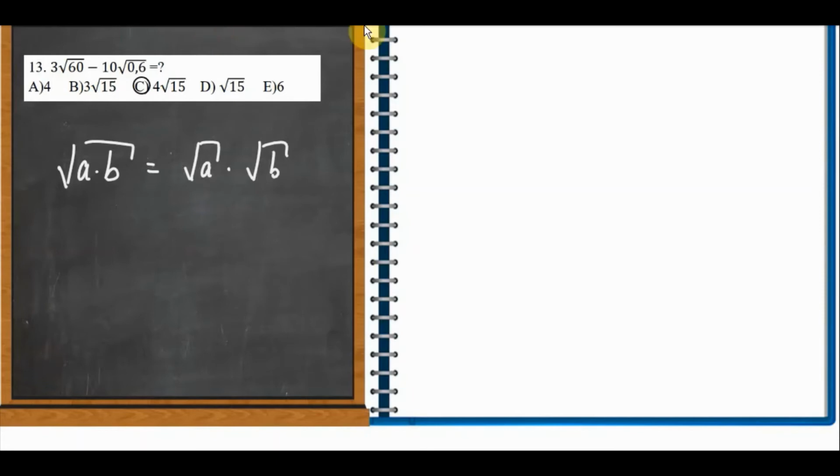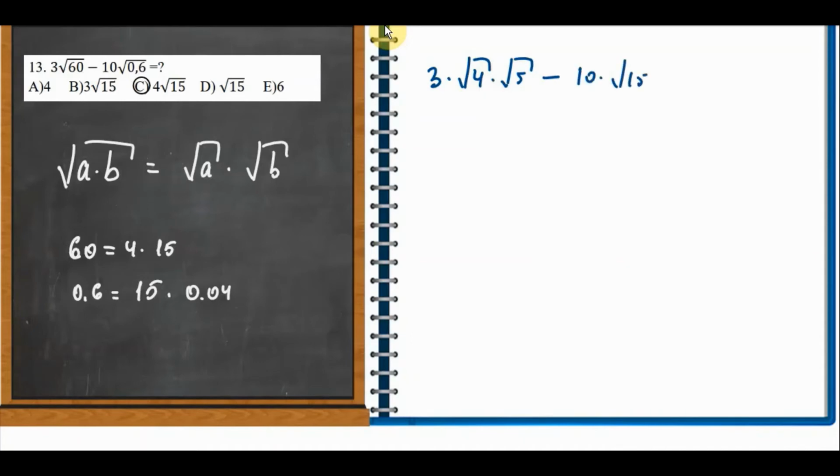Now, if we have 3 square root of 60, there are lots of ways, but I prefer to show 60 as a product of 4 and 15, and 0.6 is similar. That's why we can show it as product 15 multiplied by 0.04. Now, using them, we can write 3 multiplied by square root of 4 multiplied by square root of 15 minus 10 multiplied by square root of 15 multiplied by square root of 0.04.